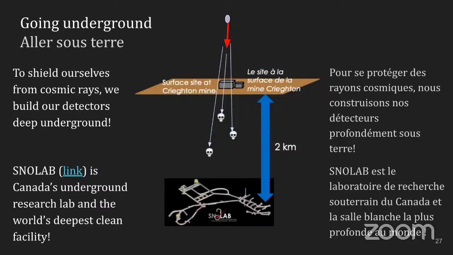So where we like to go, at least here in Canada, is SNOLAB. In order to shield ourselves from the cosmic rays, we actually build our detectors deep underground. SNOLAB is Canada's underground research lab, and it is the world's deepest clean facility, located 2 kilometers underground in Sudbury, Ontario.